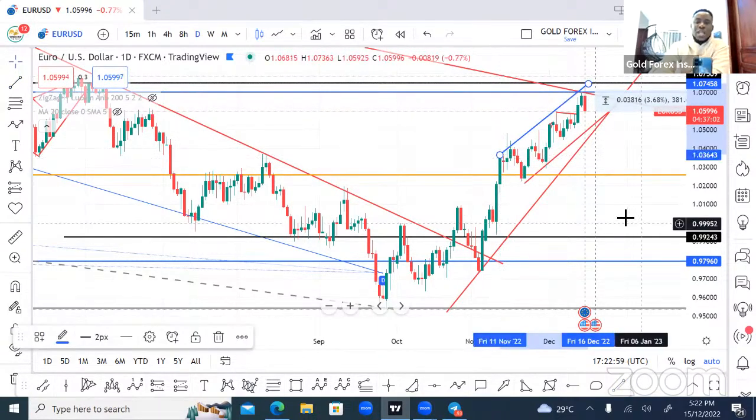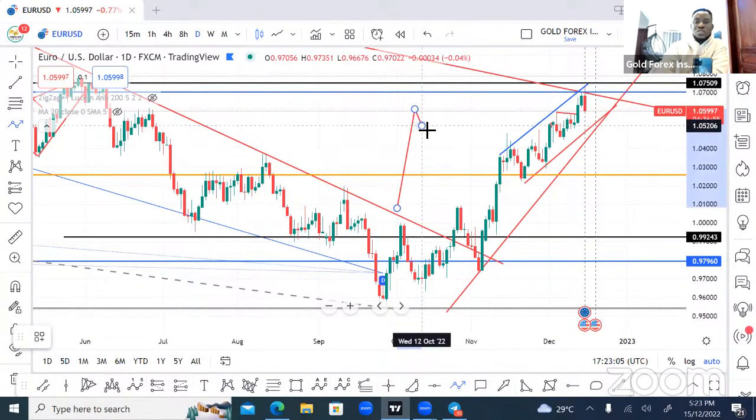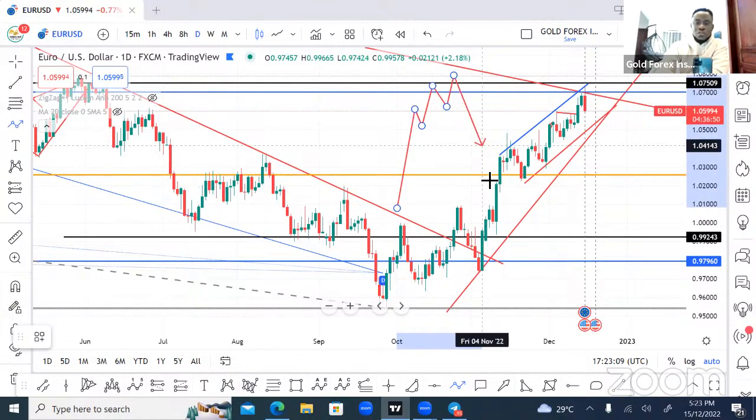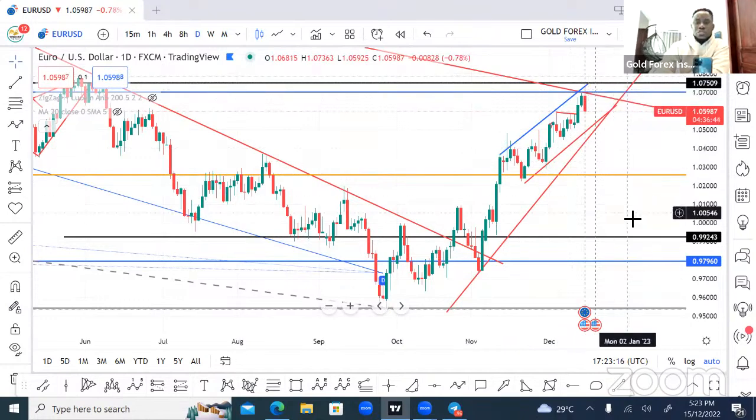So with classical chart patterns or price action, when you have an impulsive leg going up and the correction 2 is going up like this, you should know that it's going to what? Fall. Okay, so the same thing, impulse, the correction 2 is going up, so it's going to fall.